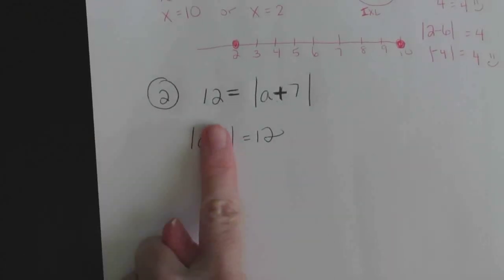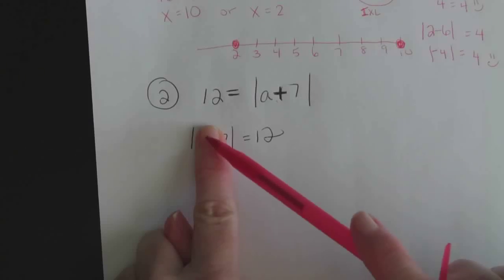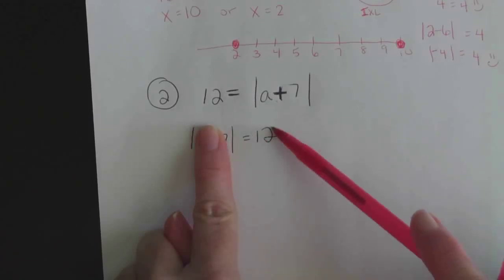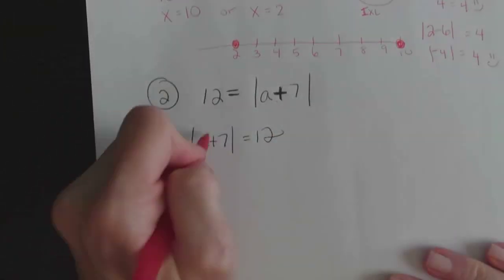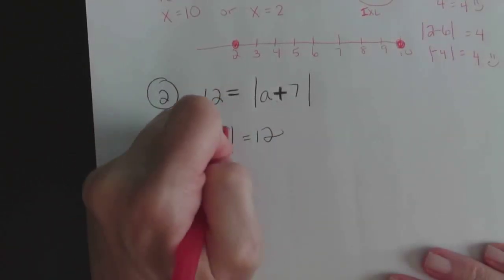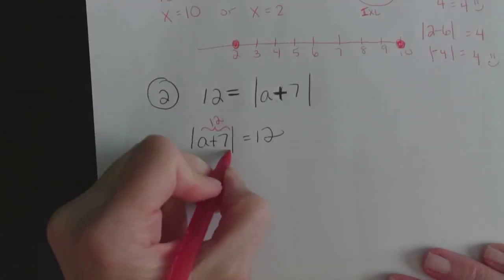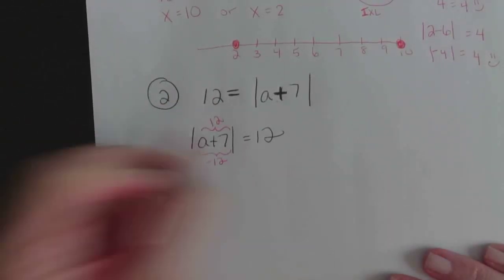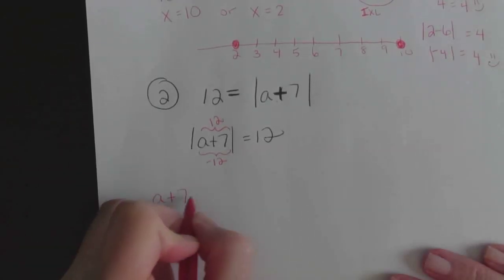So I know there are 2 numbers that can fit right here on my fingernail. You could have 12 in there and get 12, or you could have negative 12 and get 12. So the contents of the absolute value must be set equal to 12 or negative 12.